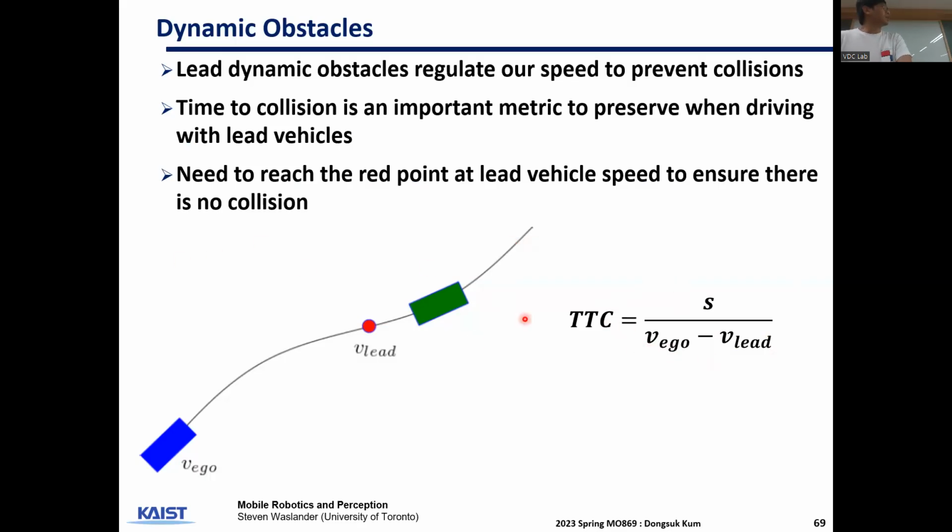The lower the TTC, the more inevitable it becomes for the ego vehicle to collide with the lead vehicle. So ideally, you want to reach the red point at the lead vehicle speed to ensure that there is no collision.